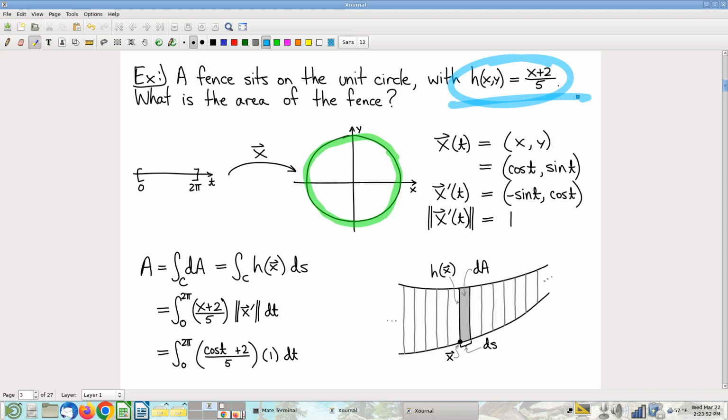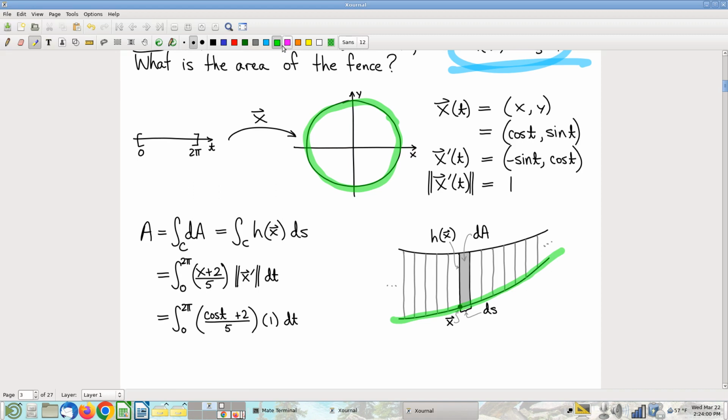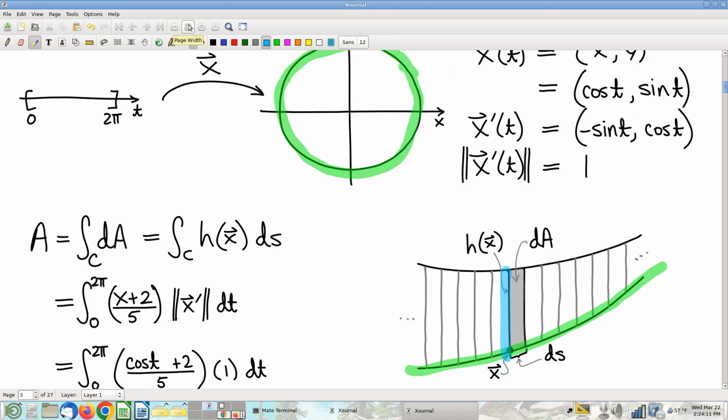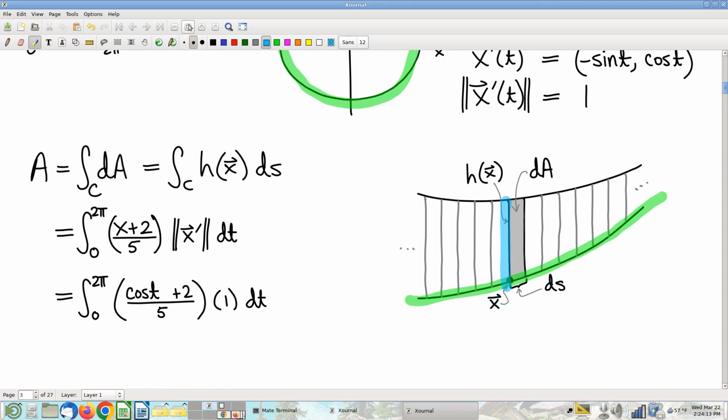Okay, so with that said, here's the base of my fence. That's my property line there. The height is going to be like that. How high the fence is. You can see kind of a picture of my fence forming here. And as I make my fence like that, how much area am I creating? What's the area of this picket on my fence right there?